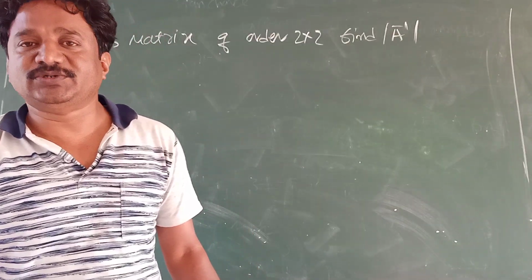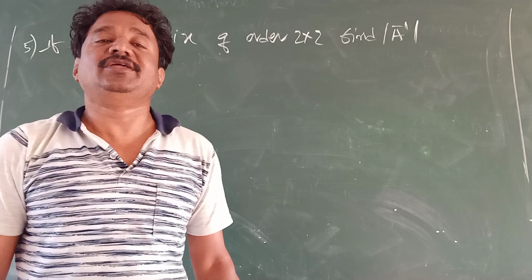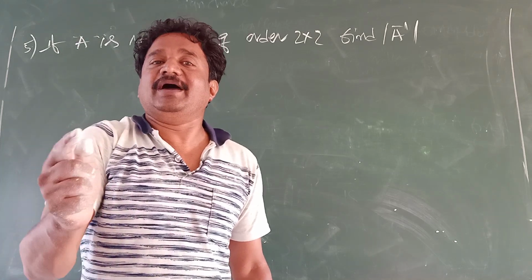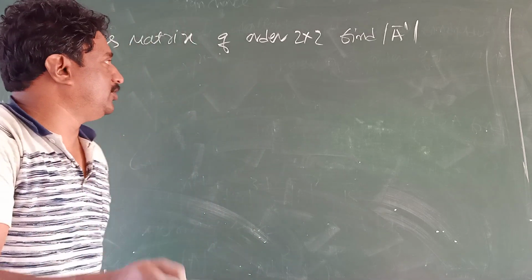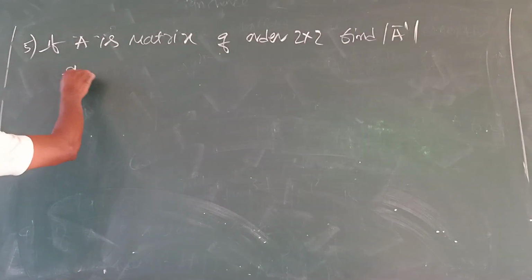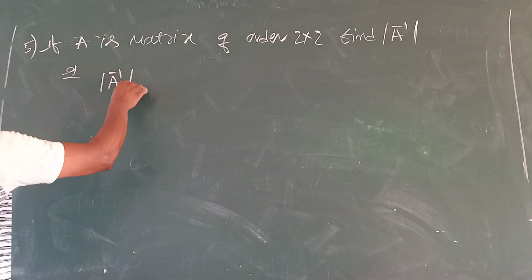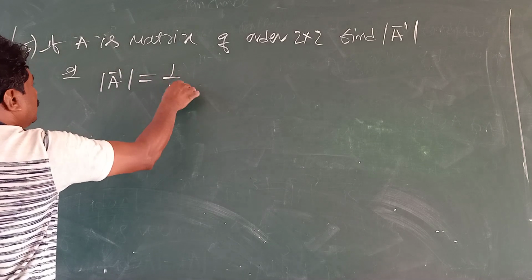As I told you, students, determinant of A inverse does not depend on order. Order doesn't matter. Carefully remember that. Solution. Determinant of A inverse is always equal to 1 by delta.